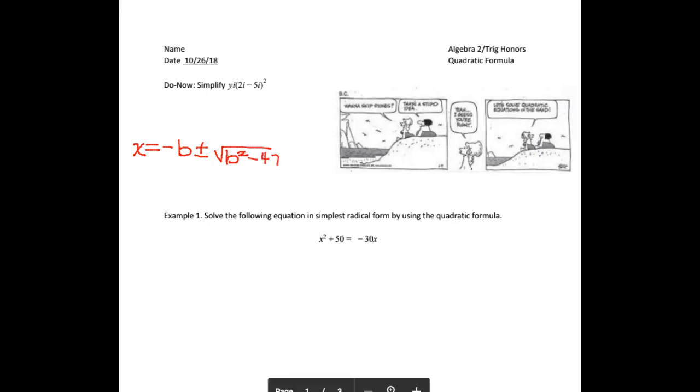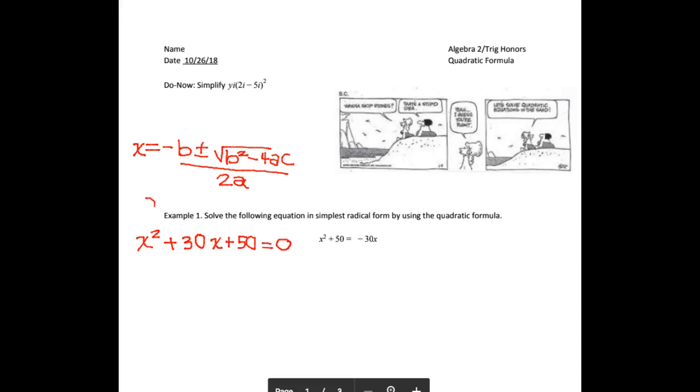Usually you used it when you had something that was either difficult to factor or you just couldn't factor it. So the first step to be able to use the quadratic formula is you need to get your equation set equal to 0. So the negative 30x needs to move over, and we're going to have this as our equation.